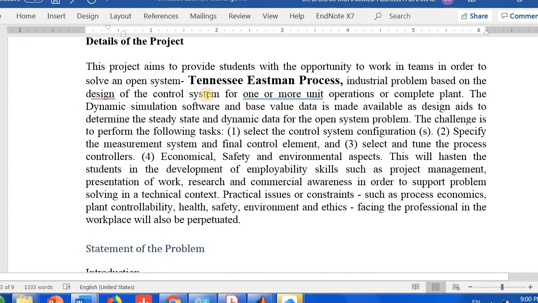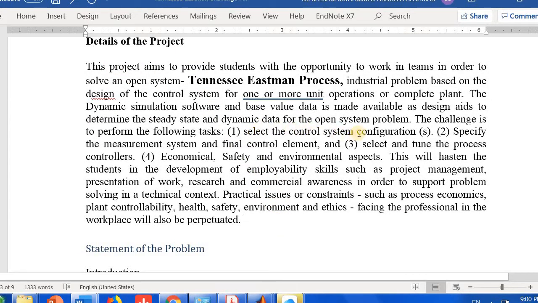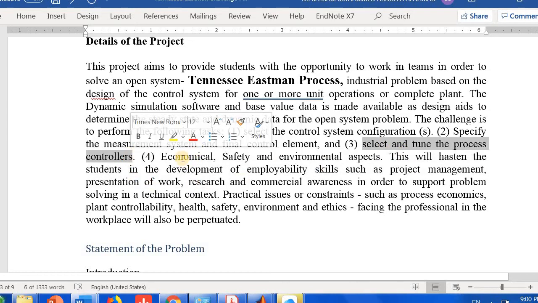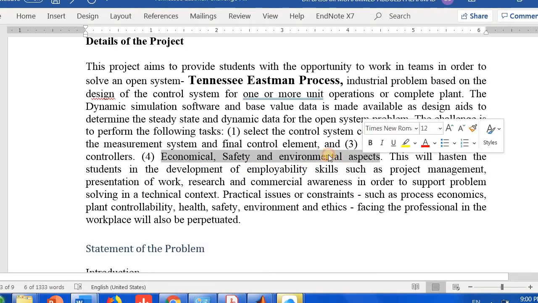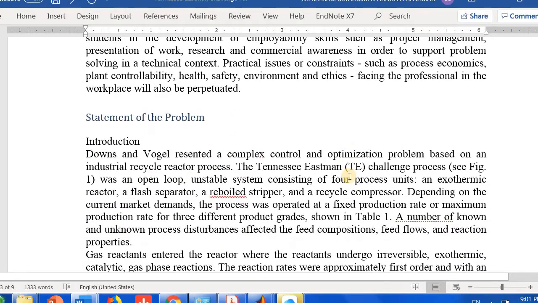As for the details of the project, you have 3 objectives: select the control system configuration, specify the measurement system and the final control element, and select and tune the process controllers. Our 4th objective is the economic, safety, and environmental aspects. We are going to give you the numbers, and you should consider the economics too.